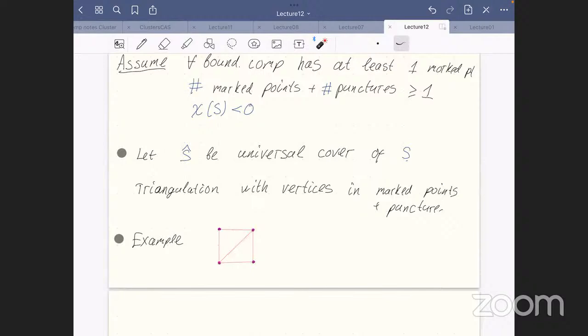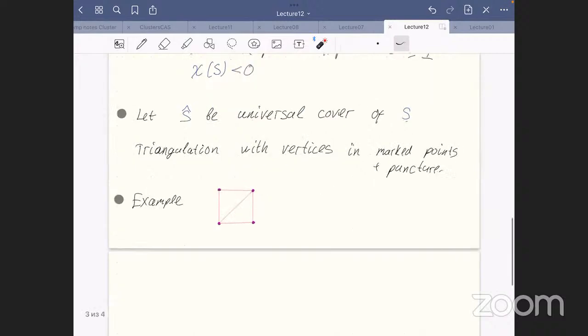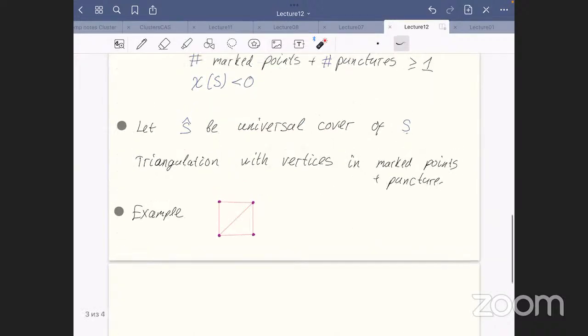We have only one vertex, but still. In this case, we have almost no other choices. So this is the torus. Example A is the torus with one puncture.